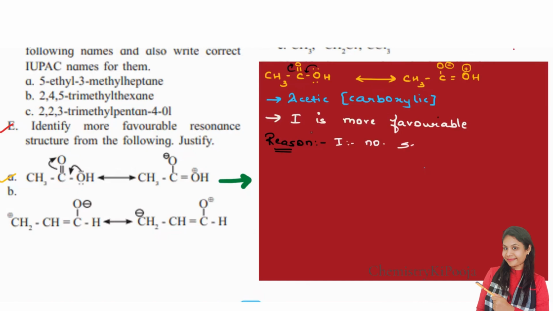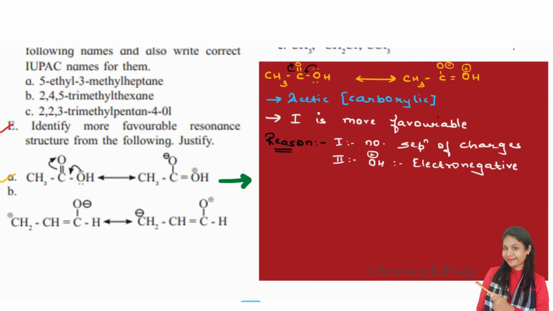Whereas if I look into structure 2, I can see that there is a negative charge. Along with the negative charge, there is also a positive charge, isn't it? And I can see that this OH group is containing a plus charge. That means the electronegative element, basically, should have a negative charge, right?